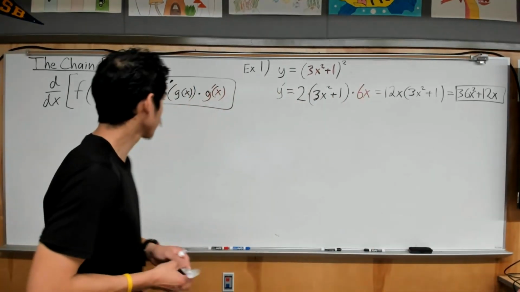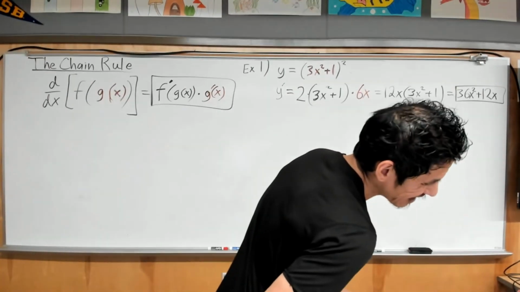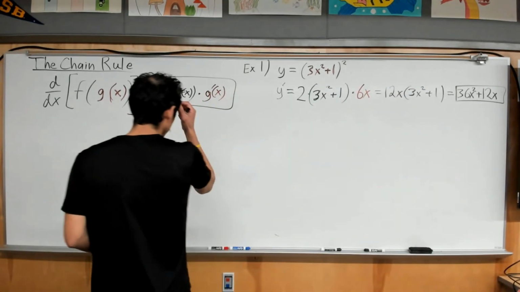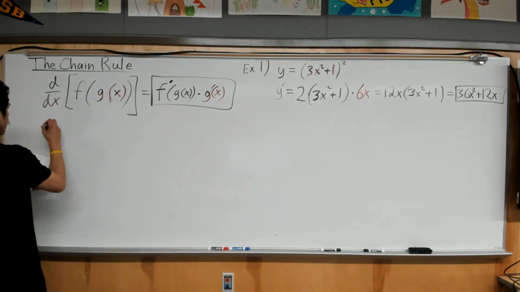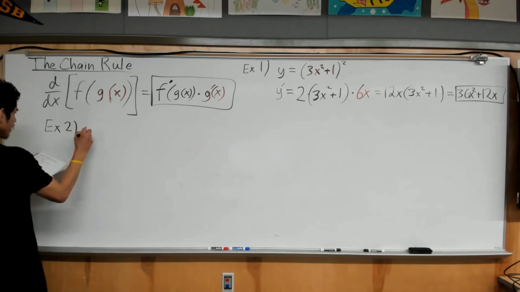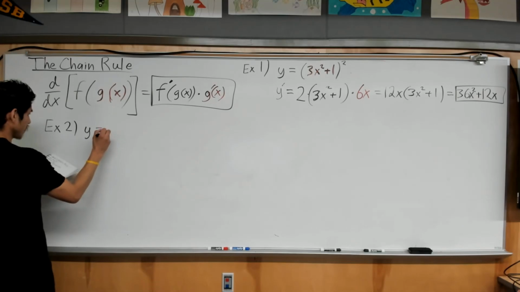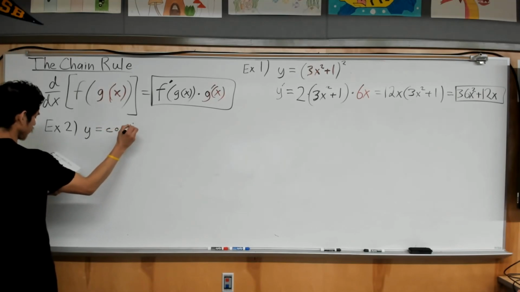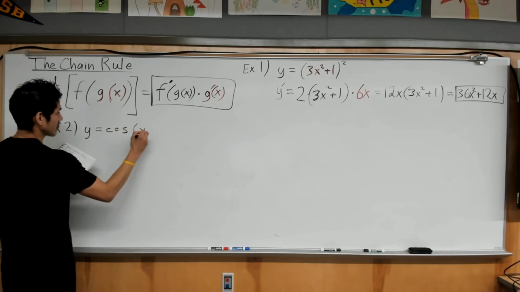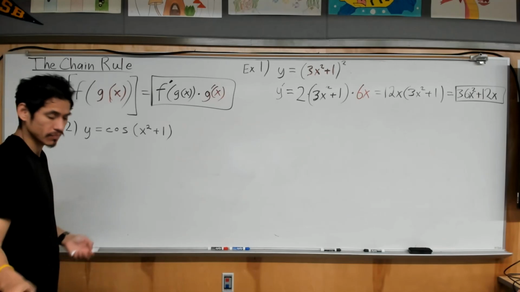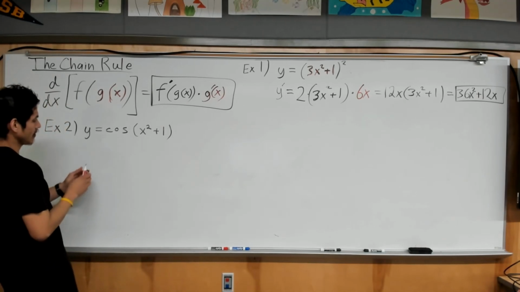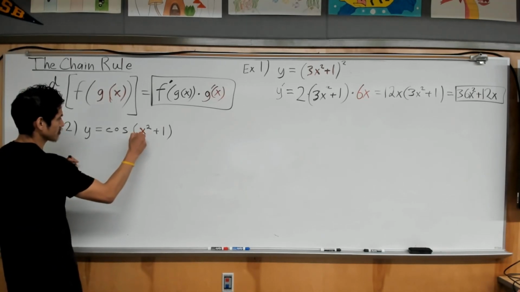All right. Example 2. Trig. We have y equals the cosine of x squared plus 1. And so the inside function is the x squared plus 1.